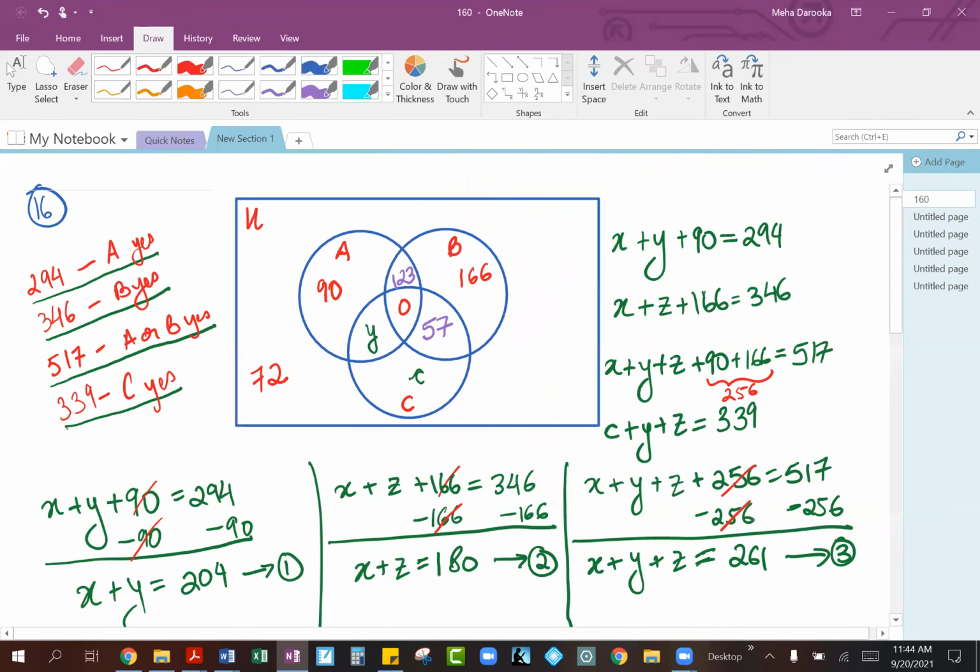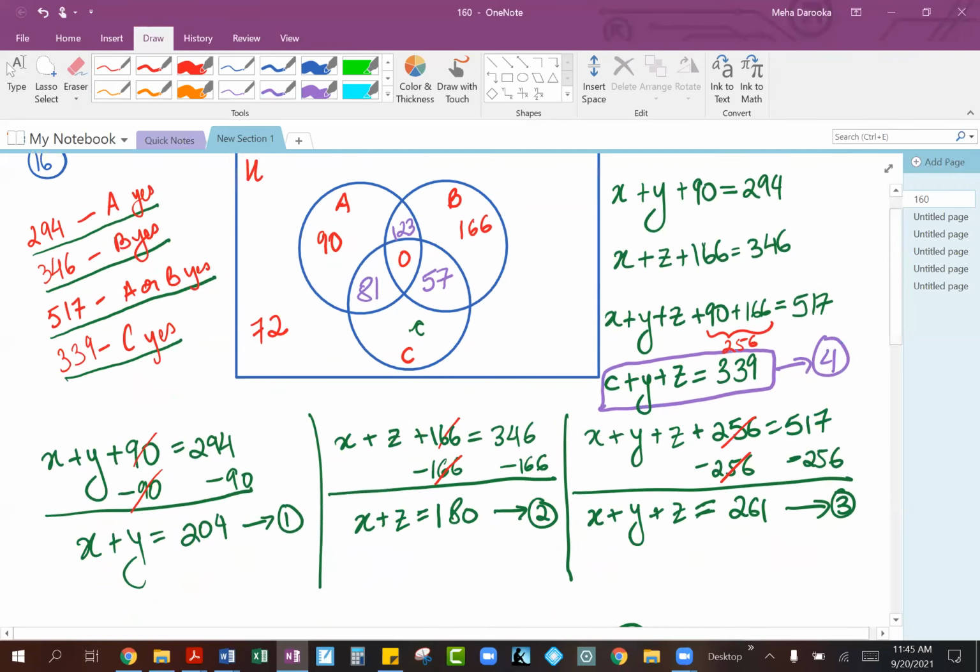Okay, so 81 will go in here. And now, as you can see from our Venn diagram, the only thing we need to complete is the c value. And where do you go for the c value? The 339. Yeah, the very last equation. So right over here, let's call this equation 4.